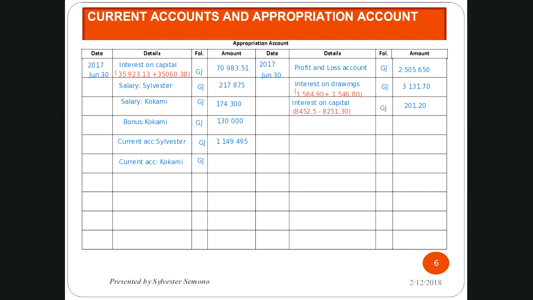The total of the credit side is 139. Let's see, maybe something's missing. I'm just double checking my figures here.